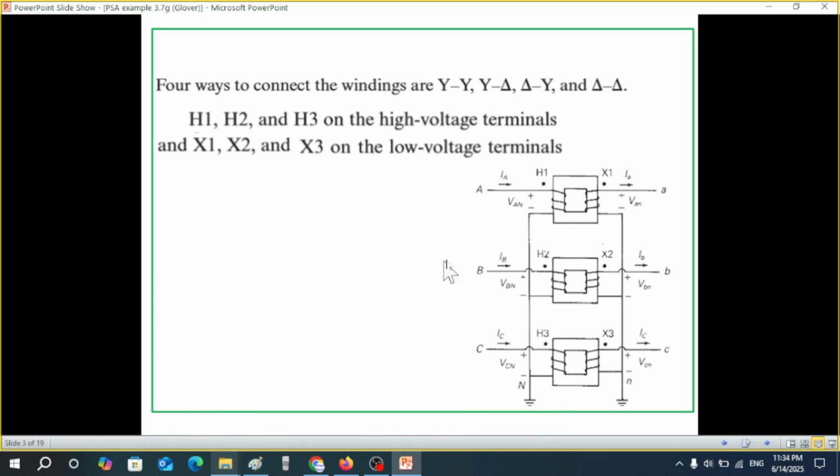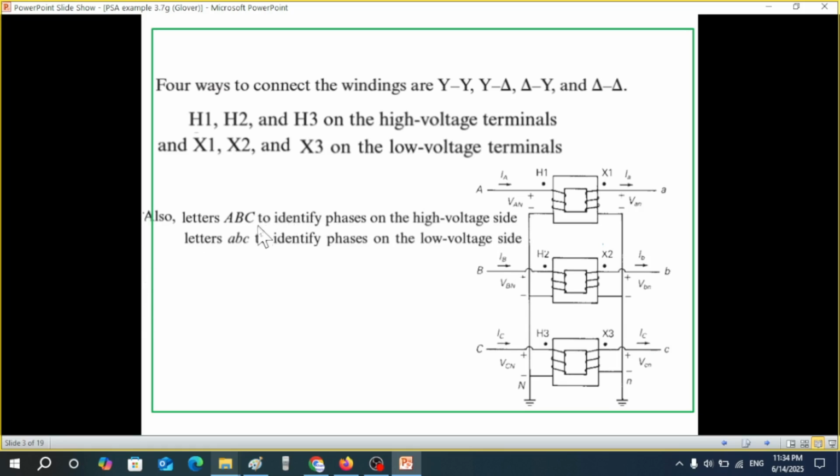In the book, two more things that you have to note: whenever it is written H1, H2, H3, that means the high voltage side, and X1, X2, X3 is the low voltage side. Also, capital A, B, C is for the high voltage side, and small letter a, b, c is for the low voltage side.